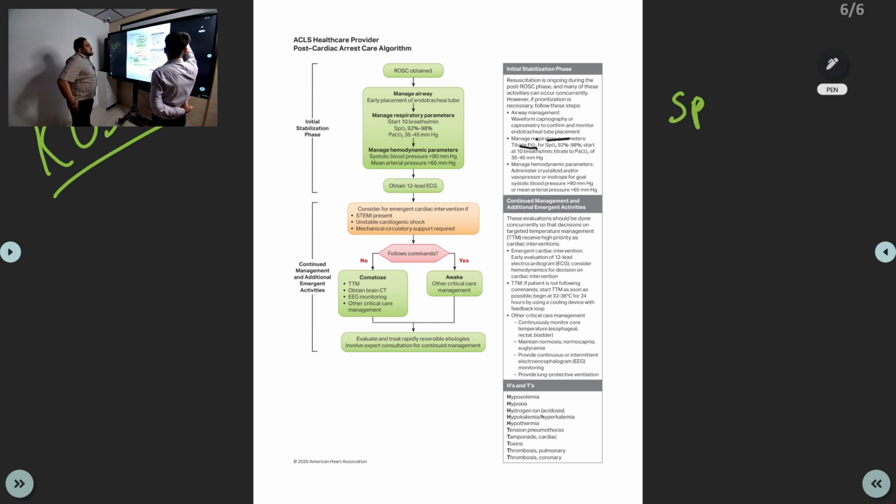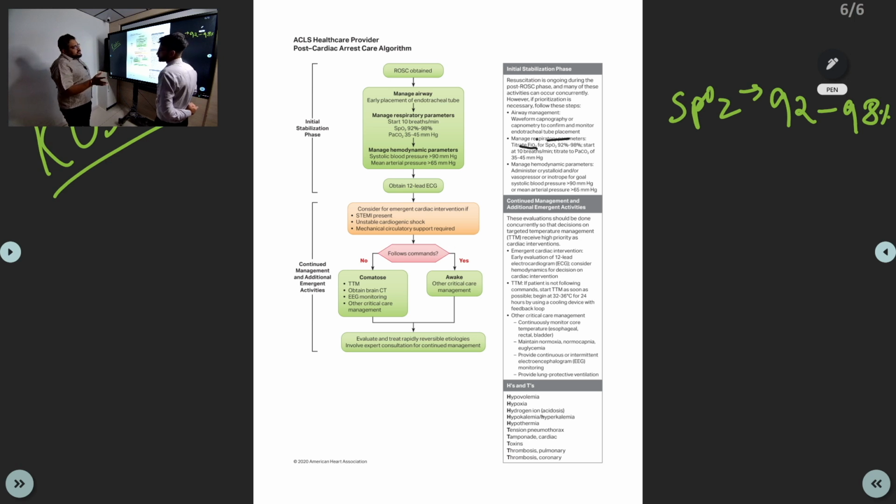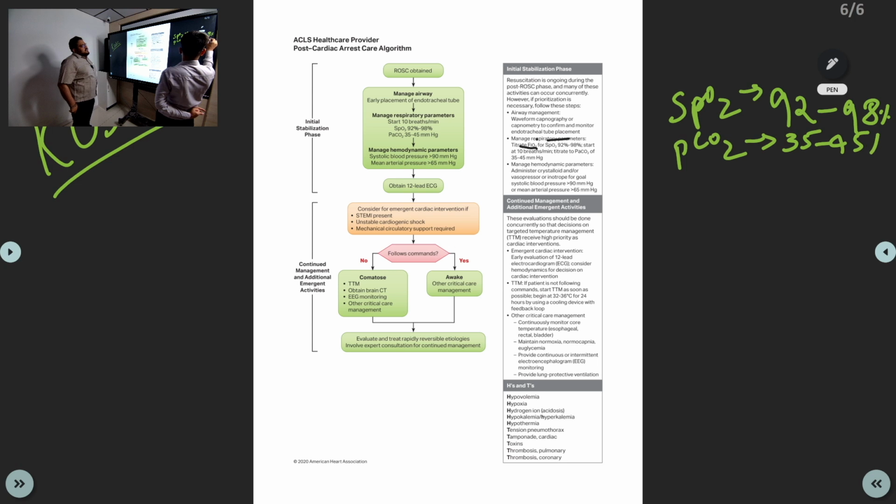We check for the SpO2 target of 92 to 98%. We don't want 100%, and we don't want very low either. 92 to 98. Then PCO2 of 35 to 45 mmHg, normal PCO2. That is what we are targeting. It is mmHg, not percentage.